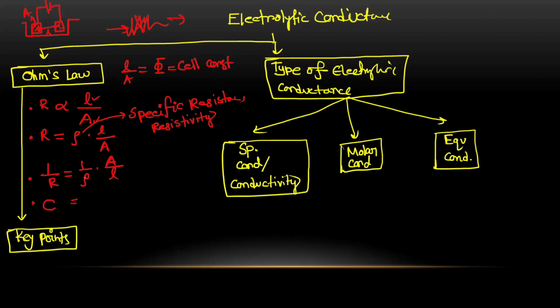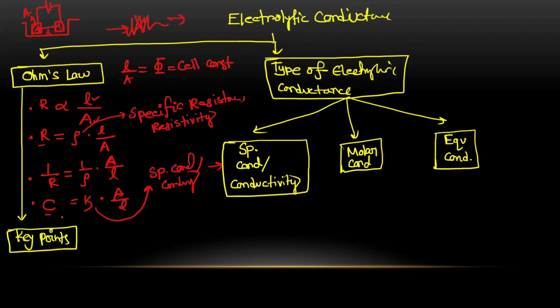It equals 1 by rho, which is again a constant, so let's give it a name, kappa, into A by L. From the resistance equation the constant is called specific resistance or resistivity. From the conductance equation it is called specific conductance or conductivity. It is basically this conductivity, kappa.